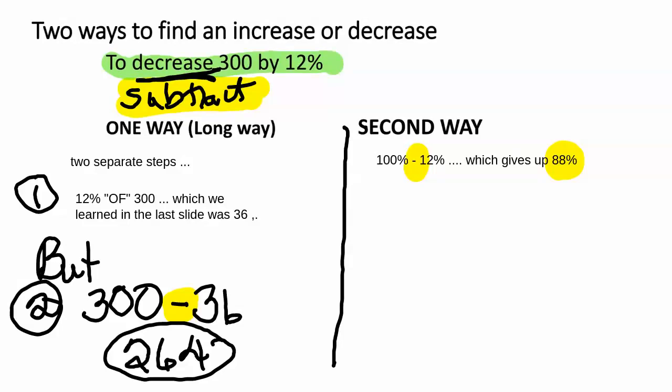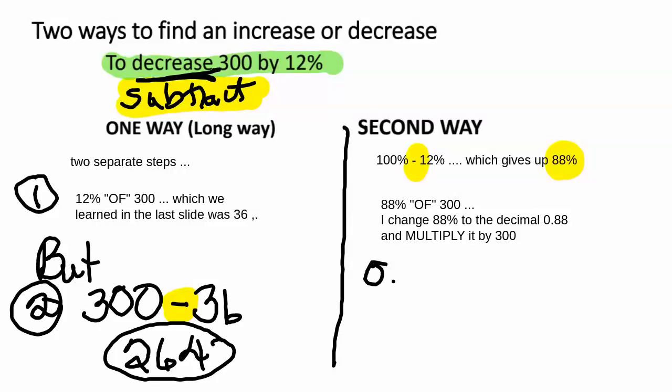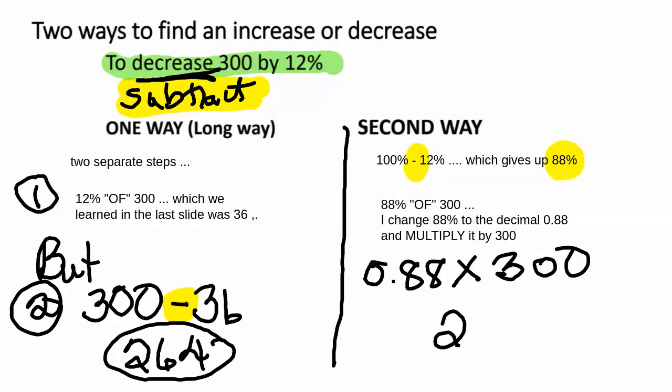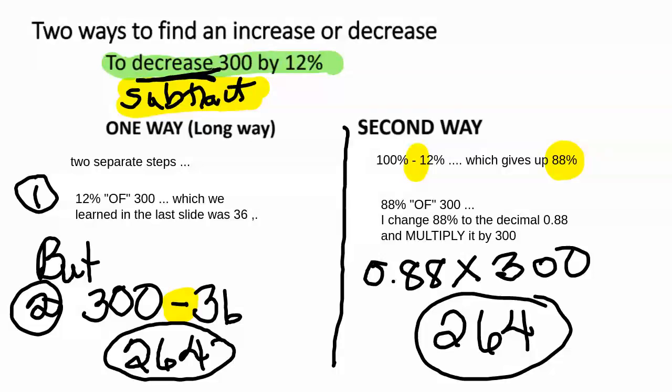I change 88% to the decimal 0.88 and multiply it by 300. So if I take 0.88 and multiply by 300, are you going to be surprised if I get the same answer as I did on the other side?